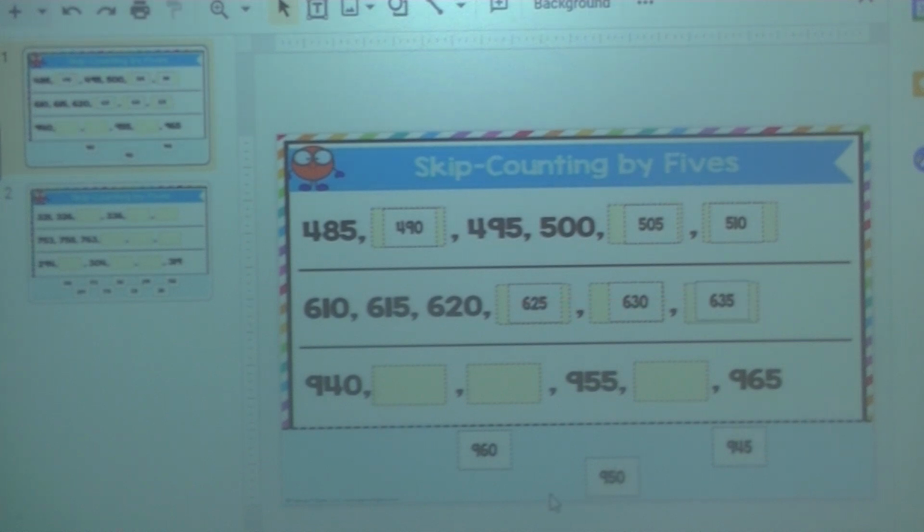In our bottom row, 940. If we cover up our 900, we have what? 40. If we're counting by 5s, 40. What would be next? 45. So 945. 940, 945.